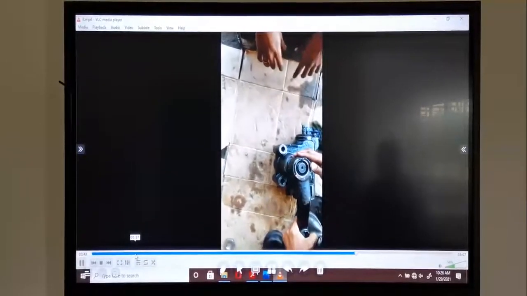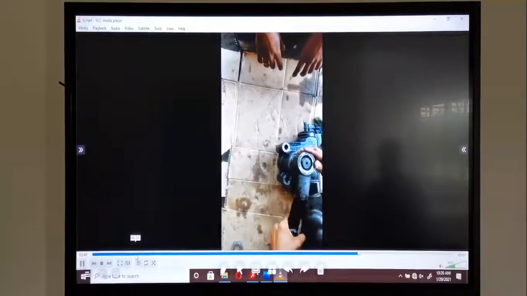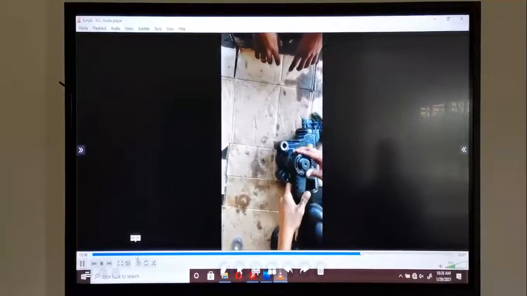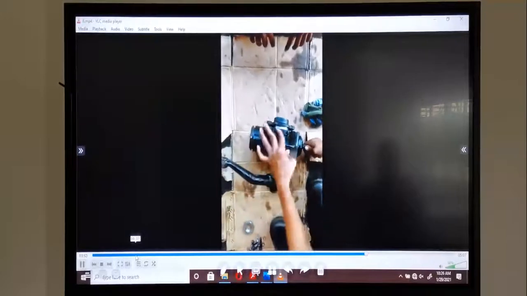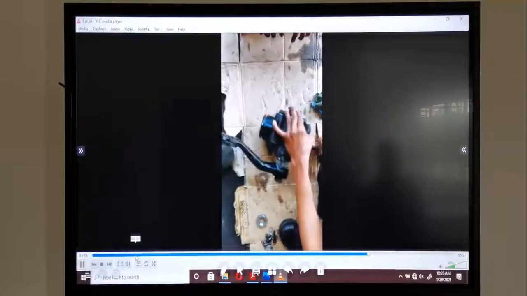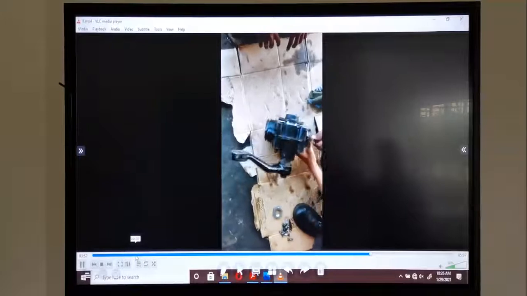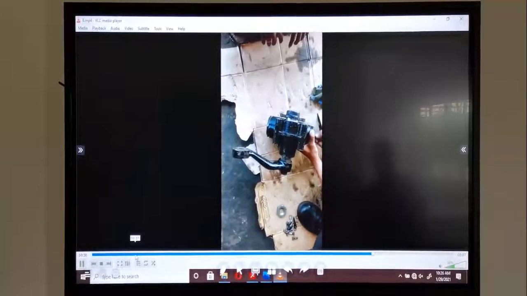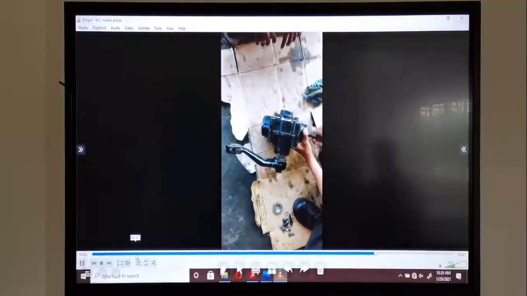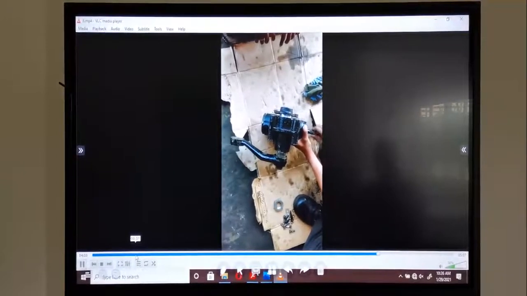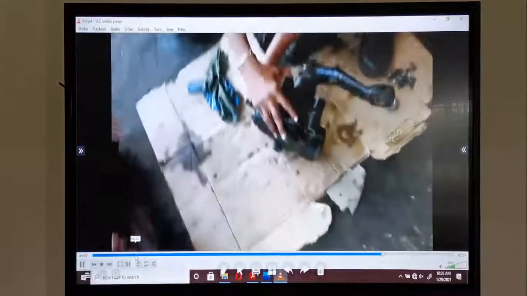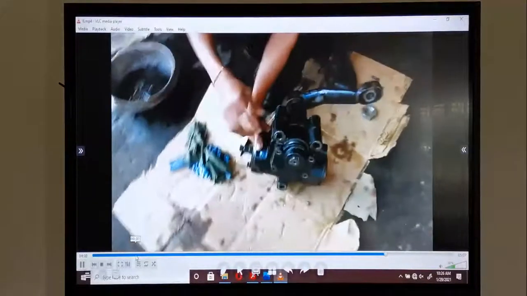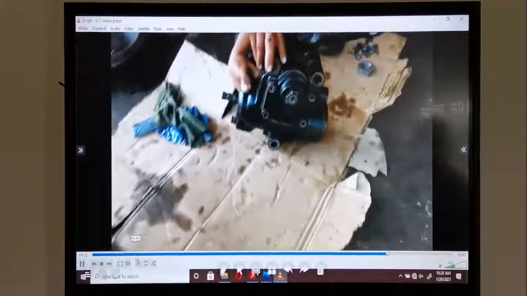Now connect. So as per the rotation of the steering shaft, that motion is converted. Now you can see how the pitman arm moves.